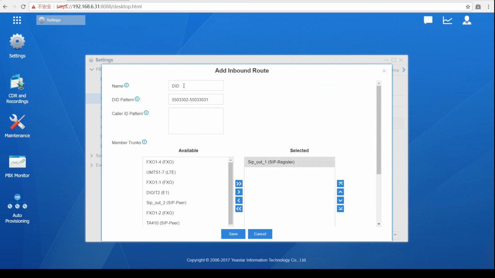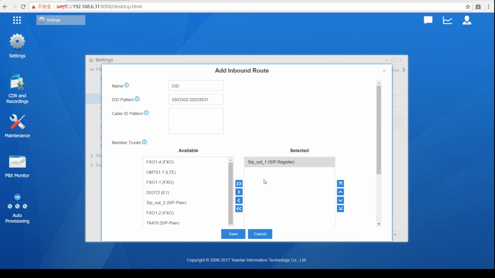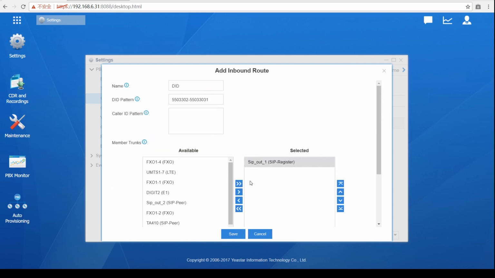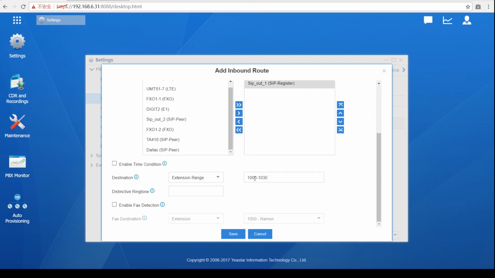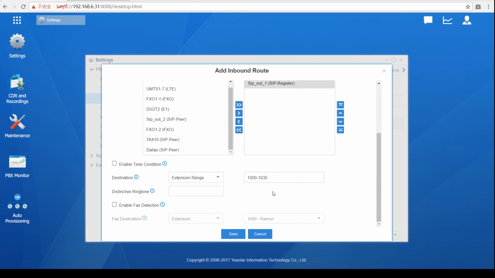Now we have 30 DID numbers with continuous numbers and 30 continuous extension numbers, attached one by one individually. That means 5503302 is attached to extension 1000, and 5503323 is attached to 1001. Now we have attached all 30 DID numbers to all those 30 extension numbers.